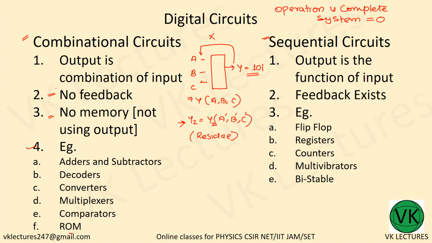Some of the examples are adders, subtractors, decoders, converters, multiplexers, comparators, ROM, read-only memory. Now just let us take the case of adders. You have two inputs A, B, circuit, Y equal to A plus B. In the next output, input A dash, B dash, Y is equal to A dash plus B dash.